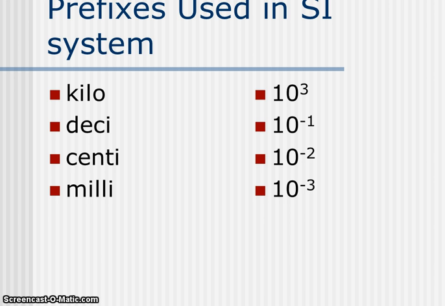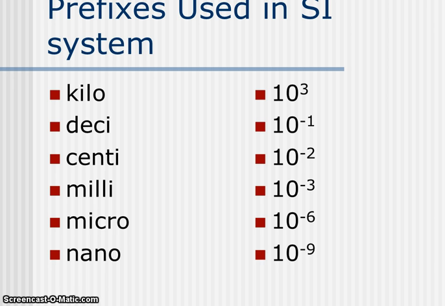Okay, we've got our prefix milli, which means 1,000th. So a millimeter is 1,000th of a meter, or there are 1,000 millimeters for every 1 meter. We've got micro, and micro is 10 to the negative 6th of a basic unit. And we've also got nano, which we'll see a few times this year, and that's 10 to the minus 9 of our basic unit.